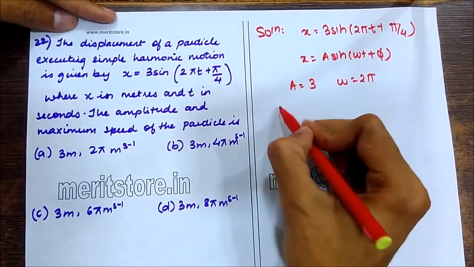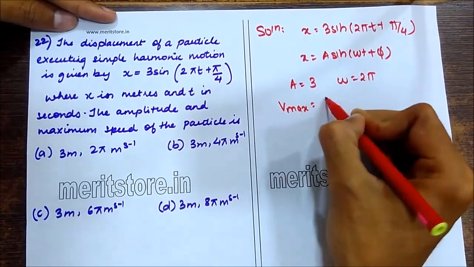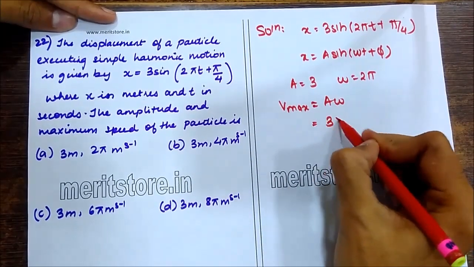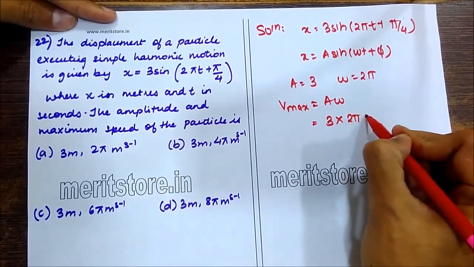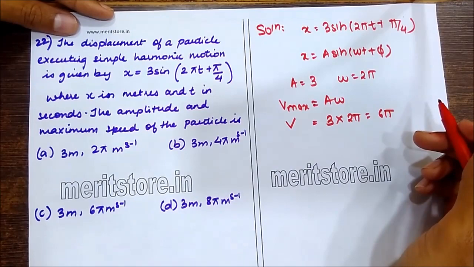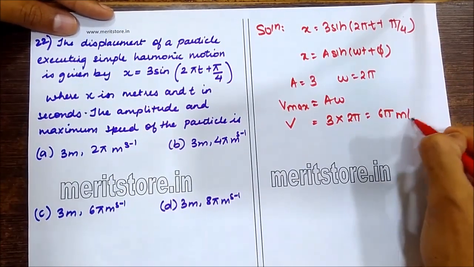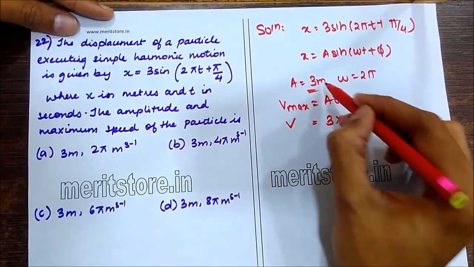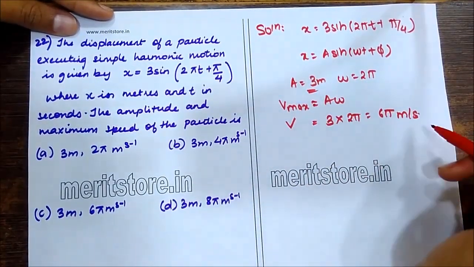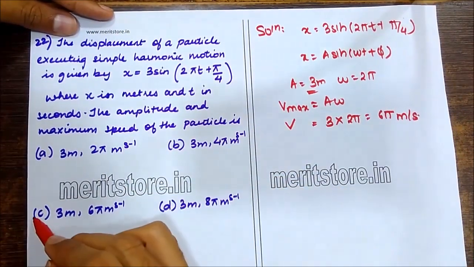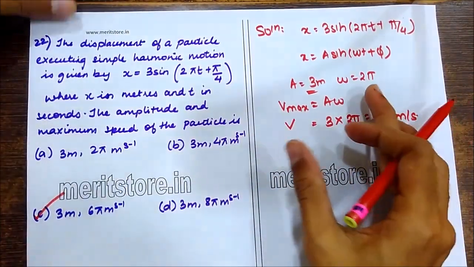For the maximum speed v max, we have the formula a omega, where a is the amplitude 3 into omega is 2 pi, that becomes 6 pi. So the velocity becomes 6 pi meter per second. So your amplitude is 3 meters and your velocity is 6 pi meter per second. So the correct option is C.